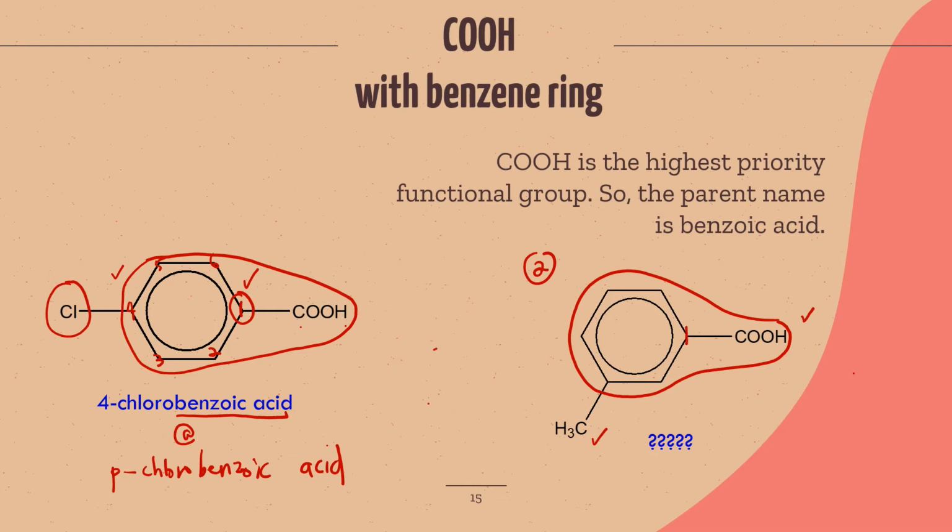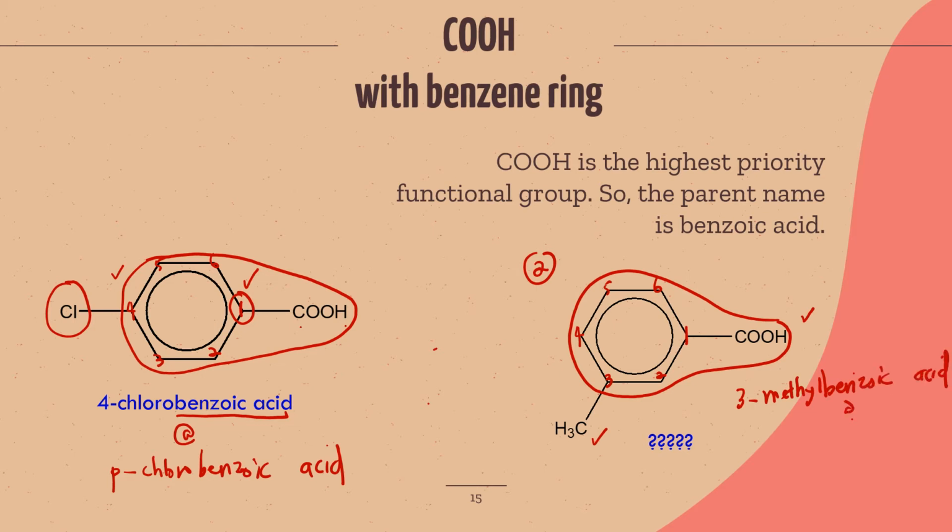So the first carbon of the benzene ring that attached to carboxyl group will be labeled as carbon number 1, and proceed numbering that gives the substituent at lowest position. So the name of this compound will be 3-methylbenzoic acid.